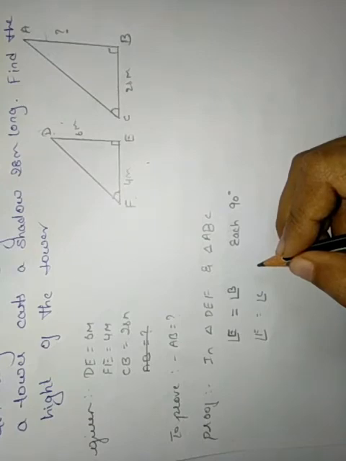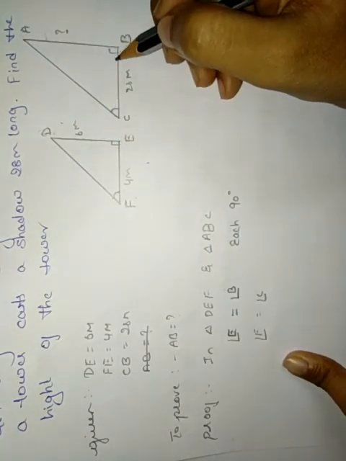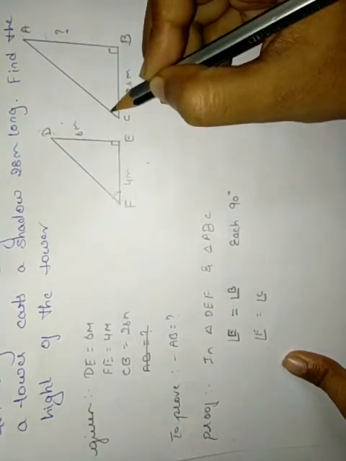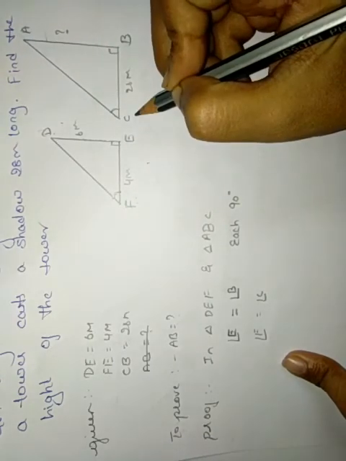If the rays of the sun are falling on the tower and on the pole at the same time, it means the angle will be the same. Those angles are angle F and angle C. These both angles are called angles of elevation, right?